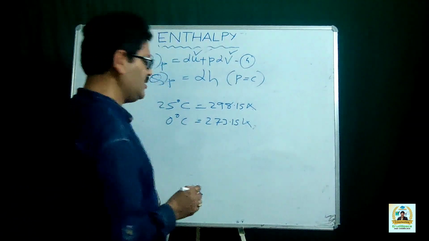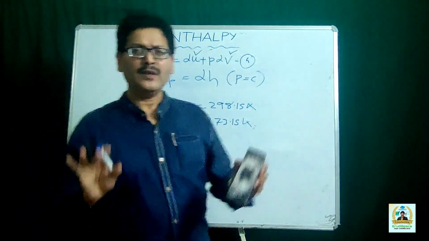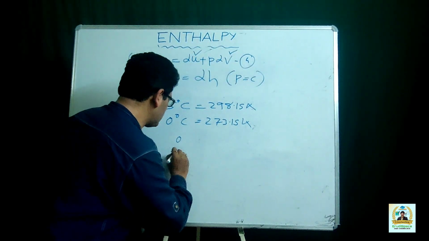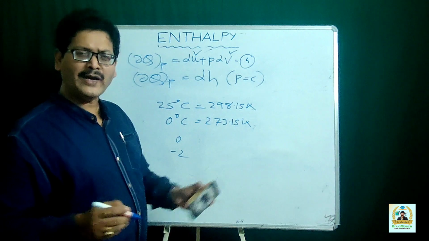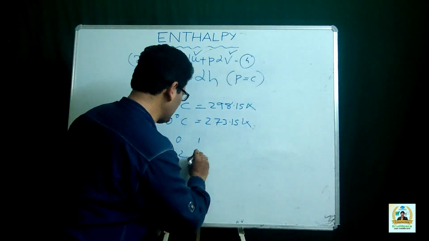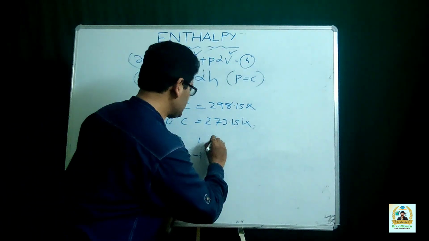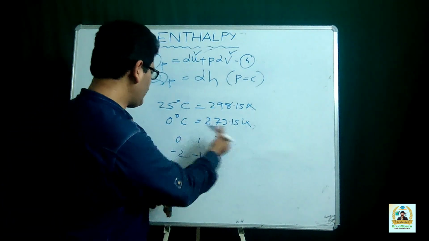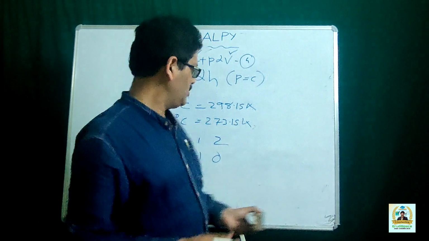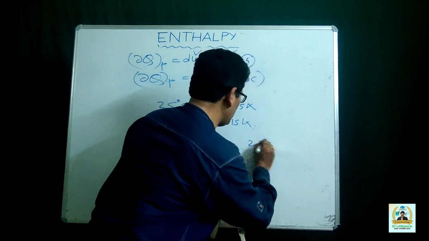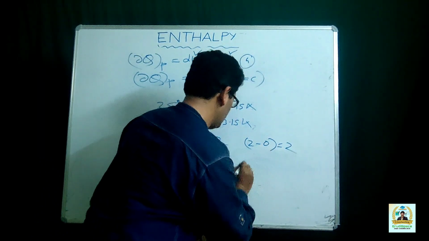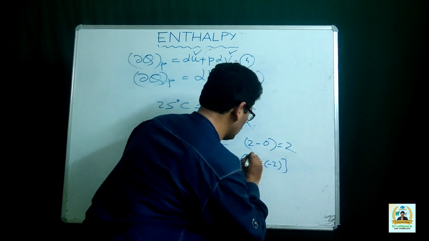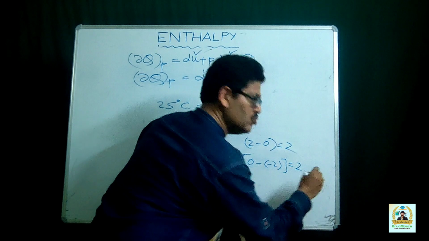Suppose in the number scale, 0 is considered as minus 2. So what happens to 1? 1 becomes minus 1. 2 becomes 0. But the difference will always be 2, because 2 minus 0 is 2, 0 minus minus 2 is also 2.